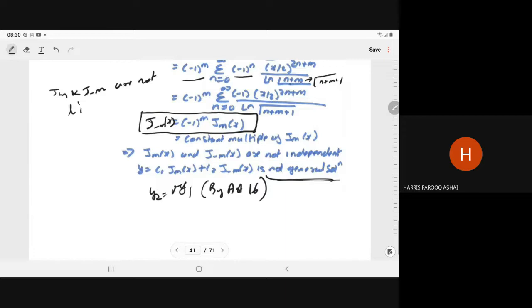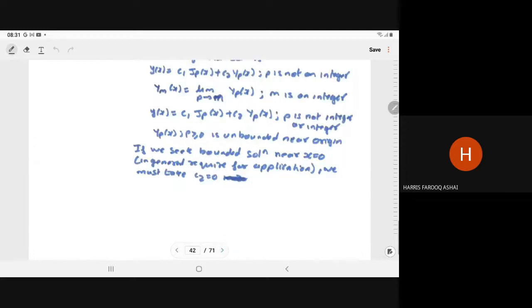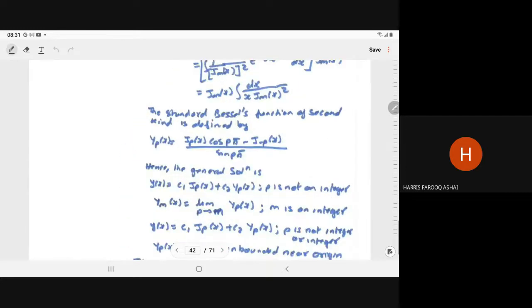But what is the y1 here? J_p or J_m, right? And that is an infinite series, a summation.